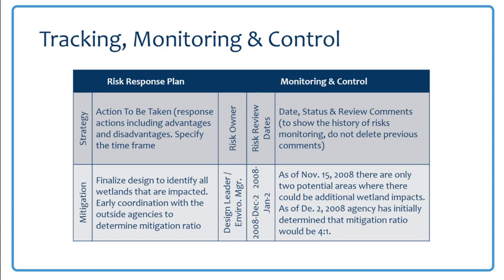The status as of November 15th, 2008, there were only 2 potential areas where there could be additional wetland impacts. And then another note, as of December 2nd, 2008, agency has initially determined that the mitigation ratio would be 4-1. So the risk register can be a place where you document some of these decisions.